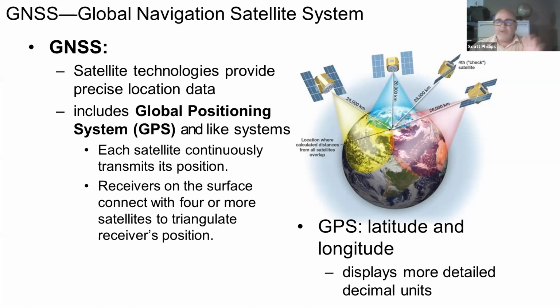And the reason why we don't just call it GPS is that there are other systems around the world that are like GPS that work in similar ways. Some from other countries, Russians, European Union have some of their own systems. But the big one, and the one that we use, is GPS. GPS is the original system, and it's not now the only system, but it is the primary navigation satellite system.